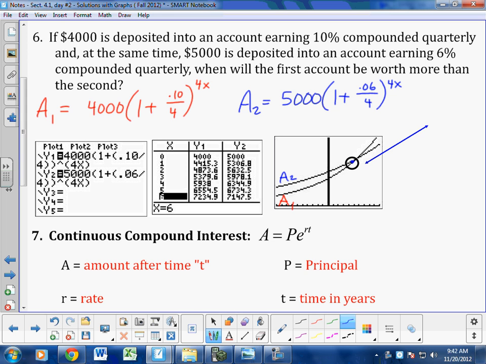Good. You guys gotta change the windows. You're asking it to graph like 5,000. What's it by default? Negative 10 to 10. Okay, you have to know how to change your windows on your calculator. Find the intersection point.